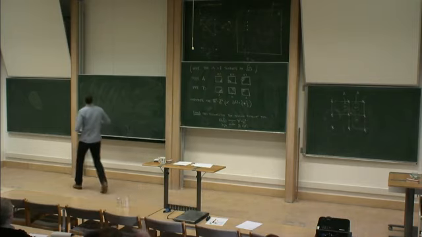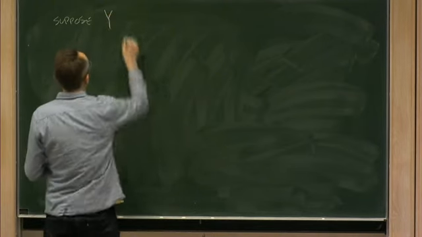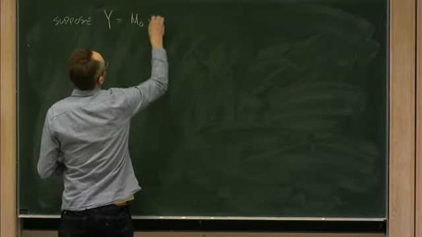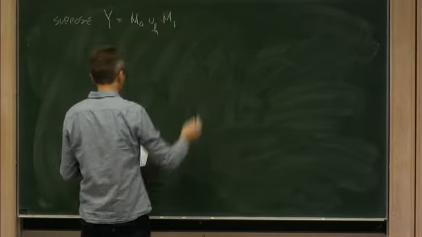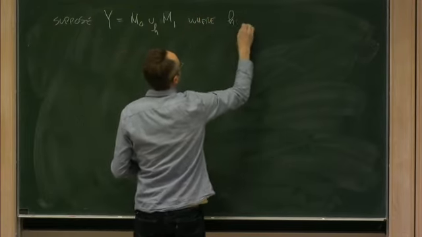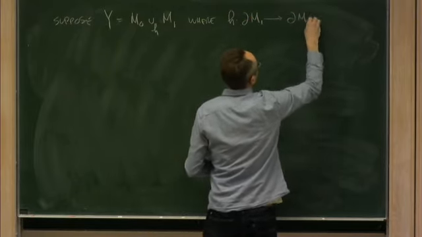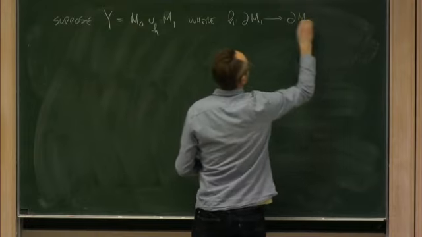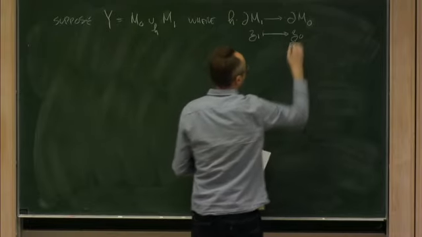So I'll suppose Y is M0 union M1 along some homeomorphism h, where in particular h takes the boundary of M1 to the boundary of M0, and it's carrying the base point z1 to the base point z0.